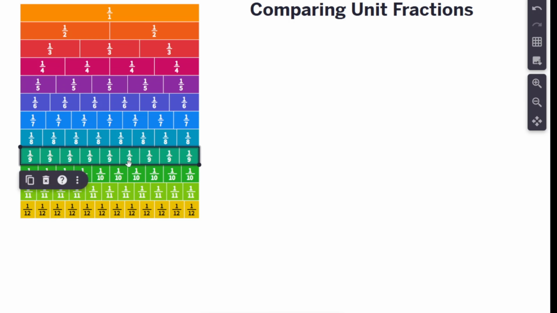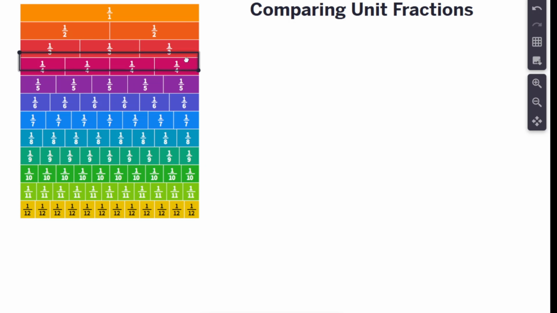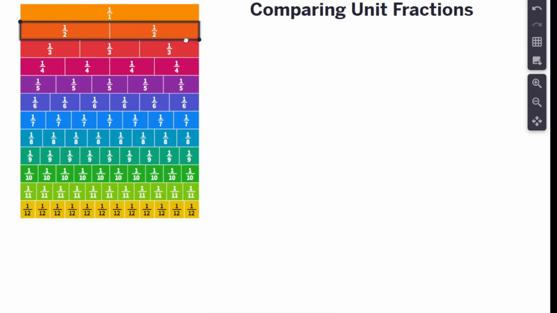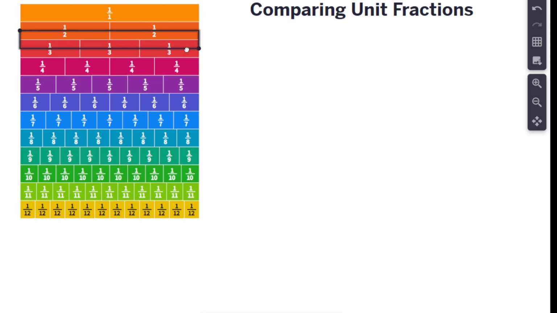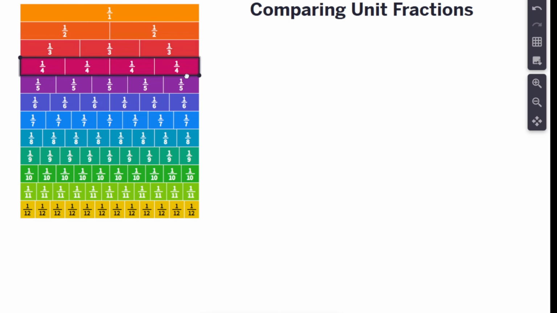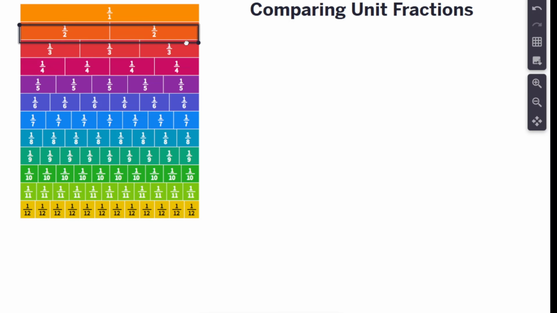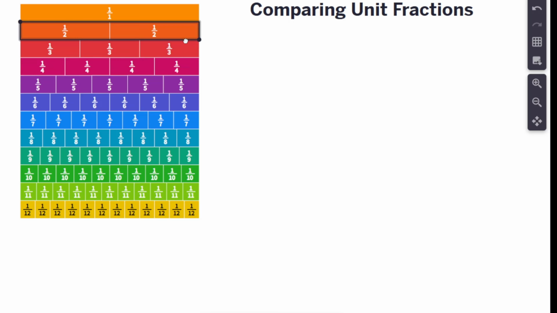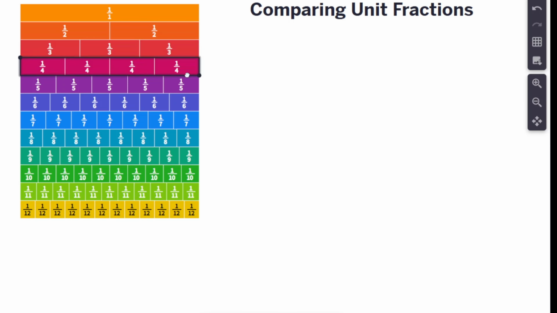So if you have a whole and you cut the whole into two pieces, compared with a whole that you cut into four pieces, and these pieces must be equal, do you think a whole that is cut up fewer times will have a larger piece than a whole that's cut up more times?